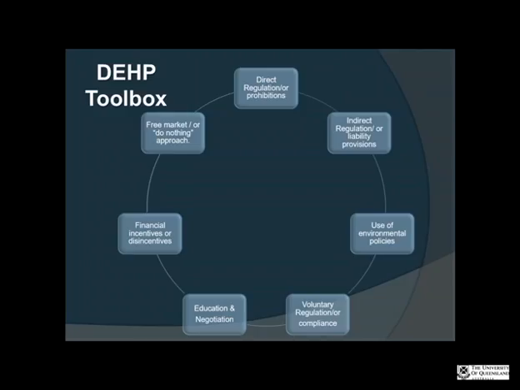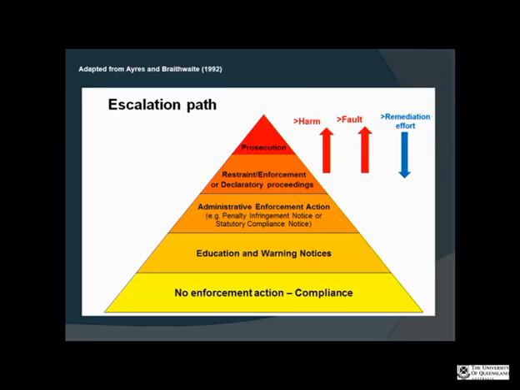And I just wanted to put it back up there for you just to remind you that we talk about this toolbox for a reason, because it's the way that the legislation has been designed to give the department a range of tools that they can call on when they're talking about responding. But of course we want to look at specifics. We want specific examples from the legislation, and I'm going to take you to a few of them now.